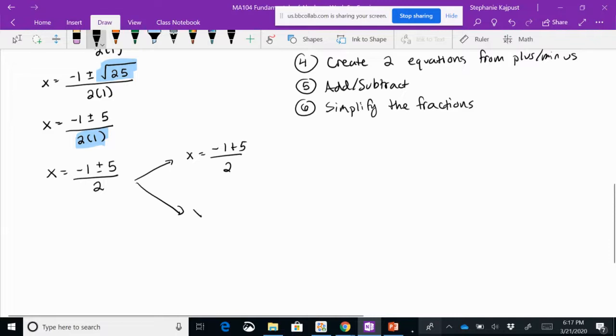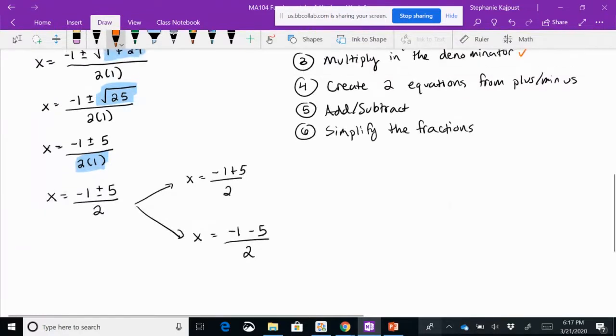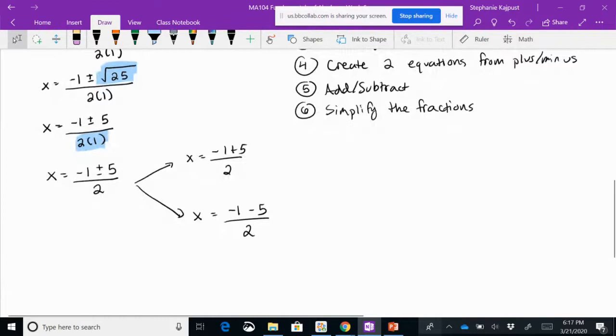And then I write it with the minus sign, x equals -1 minus 5 over 2. So that plus or minus is a way to write 2 equations in one way so that you don't have to write it twice. But we do have to separate it out when we do the math. So once you've gotten to the point where you have done all the multiplication and you're just left with a number plus or minus a number over a number, that's where you have to create your 2 equations.